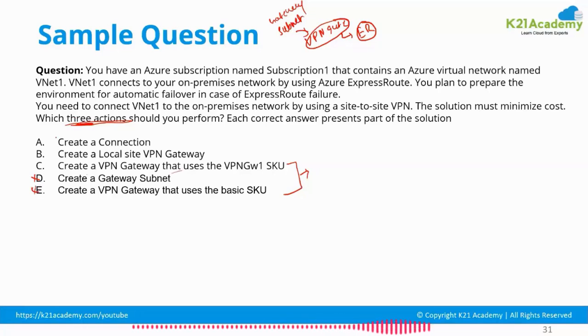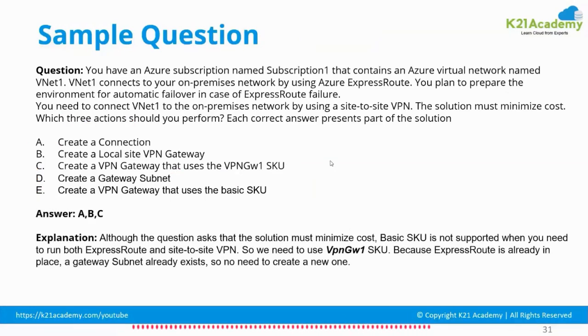The best assumption should be A, B, and C, right? Let's see the answer. The same thing we discussed is the actual thing in the explanation. A, B, and C, that is the reason I will select A, B, and C.